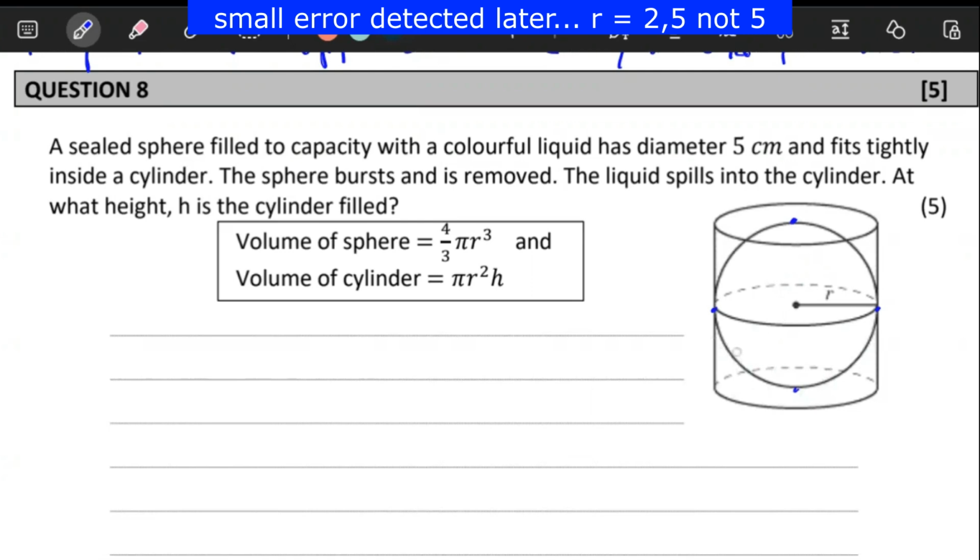And once that space down there is covered, half of the sphere will also at least be covered, and then a bit more. So this is quite an interesting question, but without overthinking it, let's just compare the different volumes of the sphere and the cylinder.